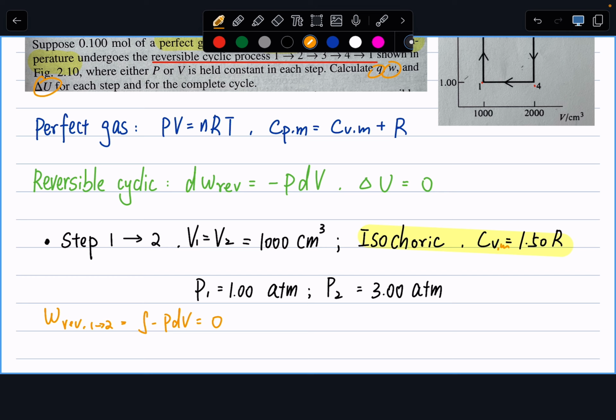All right. And what about Q, the heat transfer? Now the Q equals my CV dT from T1 to T2.